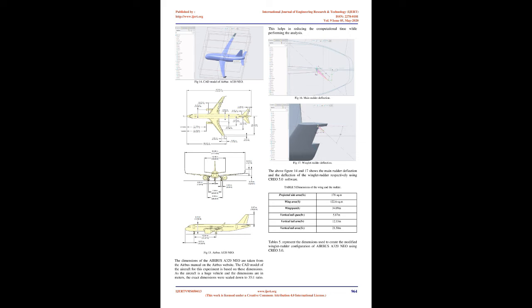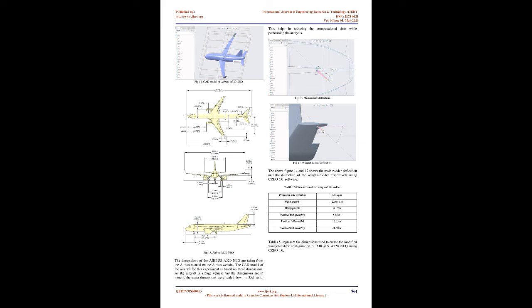As the aircraft is a huge vehicle and the dimensions are in meters, the exact dimensions were scaled down to a 35:1 ratio. This helps in reducing the computational time while performing the analysis. The above figures 14 and 17 show the main rudder deflection and the deflection of the Winglet-Rudder respectively using Creo 5.0 software.